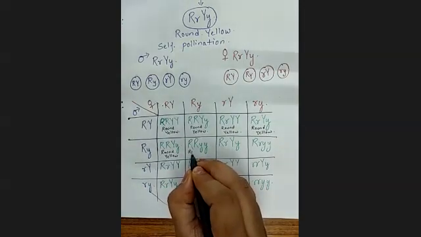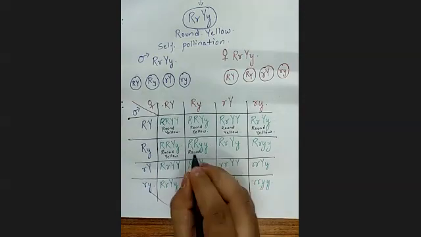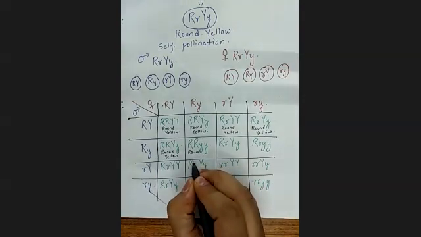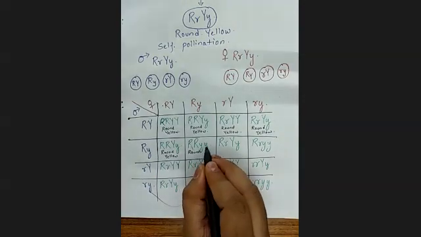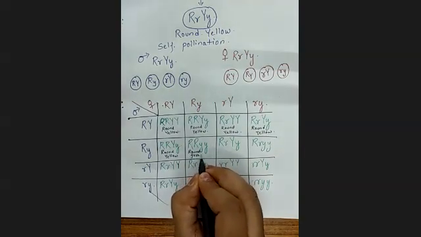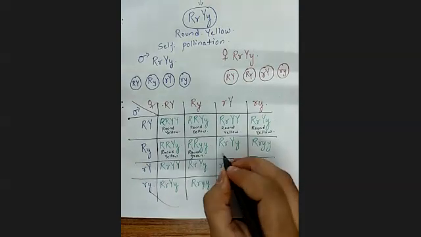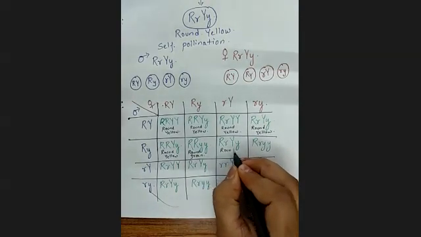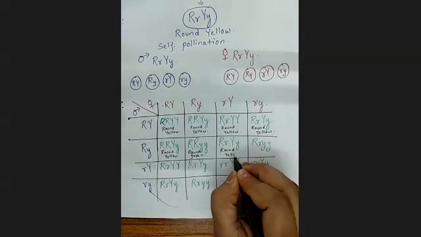Now, see this one. Ma'am, round and wrinkled. Ma'am, round and green. Yes. Round and yellow.